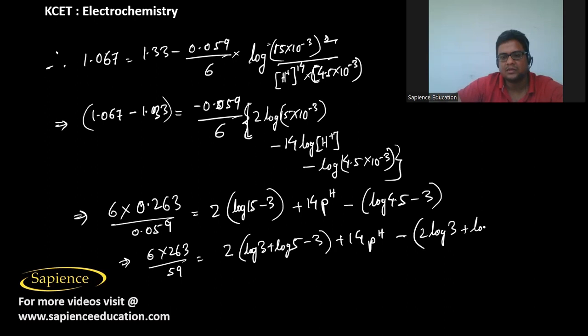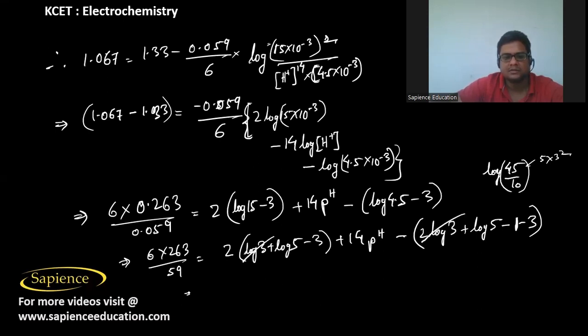So minus 1 minus 3, since we can write it as log 45 by 10. So it is log 45 minus log 10, and log 10 is 1, so I subtract 1. And log 45 means 5 into 3 square, so it is log 5 plus 2 log 3 minus 3. So the 2 log 3 and 2 log 3 will get cancelled.